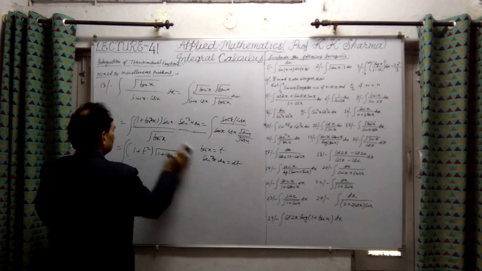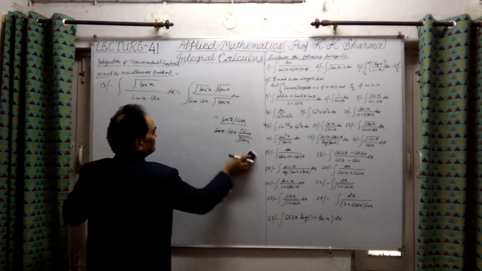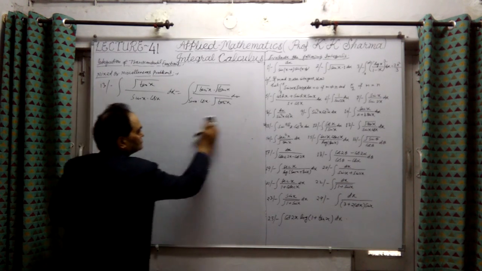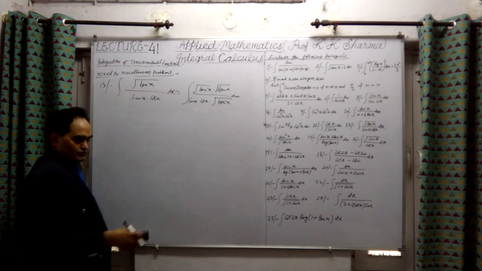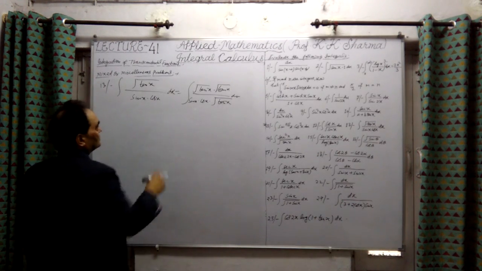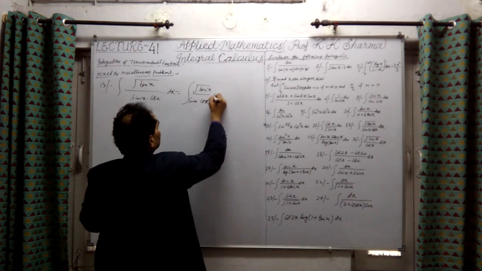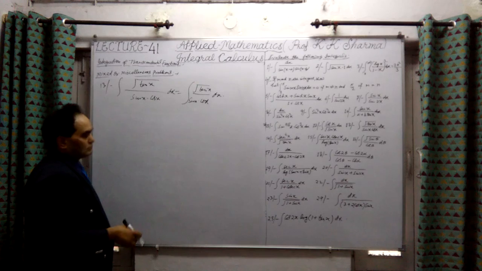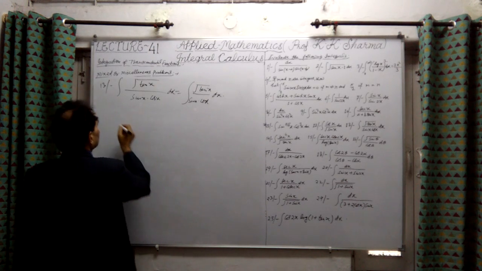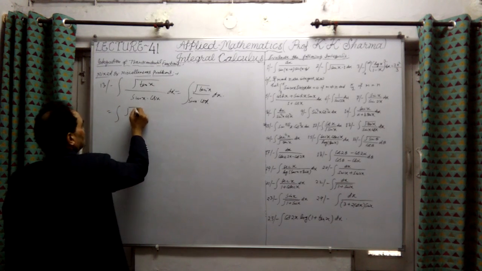Okay, so initially we could do this without any change. What could I do? If I divide this numerator and denominator by cos square x in the beginning, it could be only under root tan x.